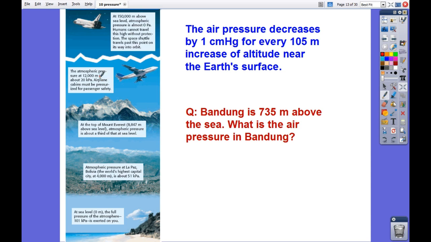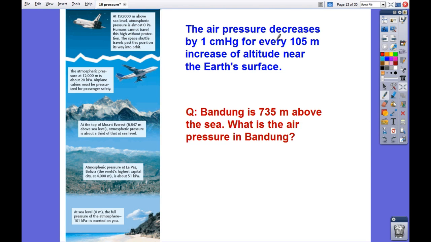And here at 12,000 meters, the air pressure is 20 kilopascal or 1/5. And at 150 kilometers above sea level, the air pressure drops to 0.